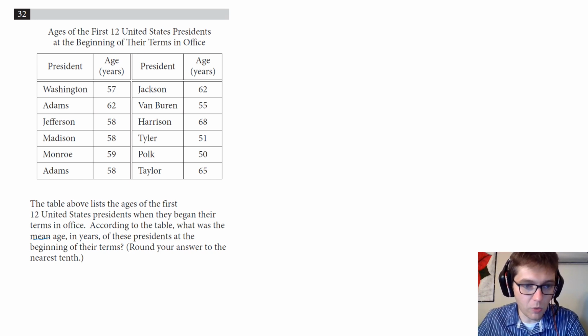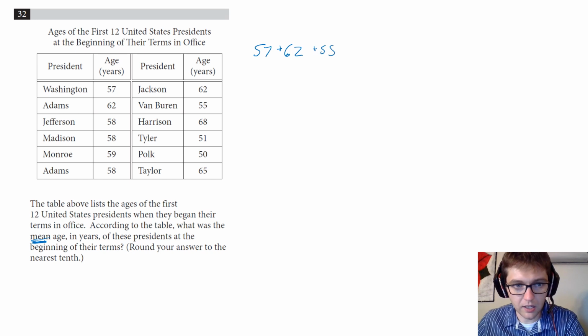First of all is that you know what the mean is. So mean is just another word for average, which means take all of these ages. So you'll have 57 for Washington, plus 62 for Adams, plus 58, plus 58, 58, and so on for all 12 of these presidents, and then divide by the total number. So you'll be dividing by 12. And that's easy enough to throw into your calculator.